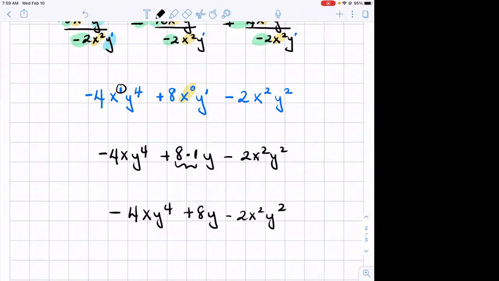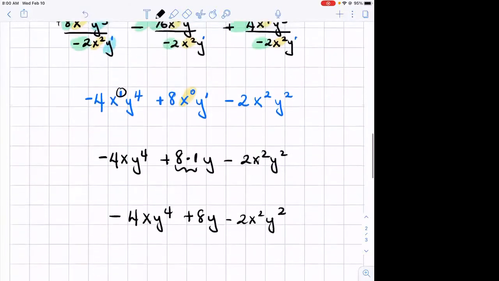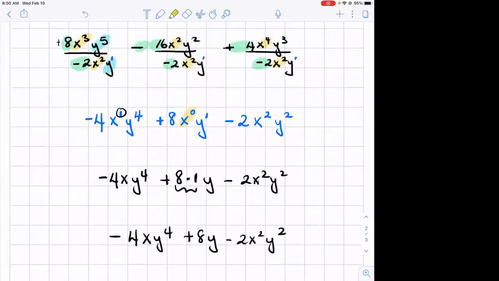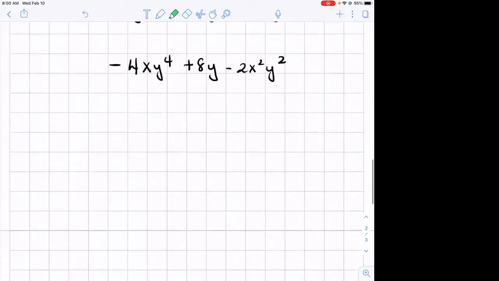So as you can see, when we were dividing, everything was working out fine. Meaning that our 8 here is divisible by negative 2, and all my constant terms were evenly divisible. In my next example that I'm about to show you, what happens if they don't go out even?